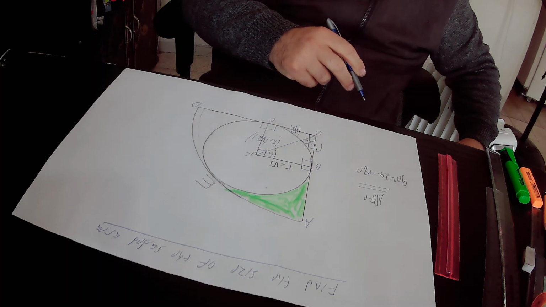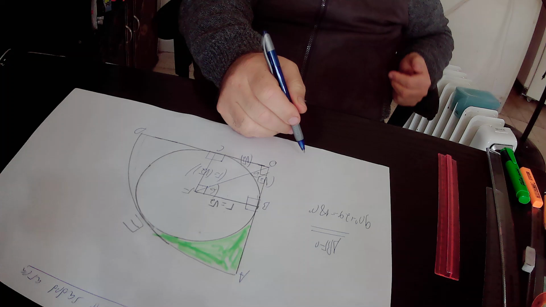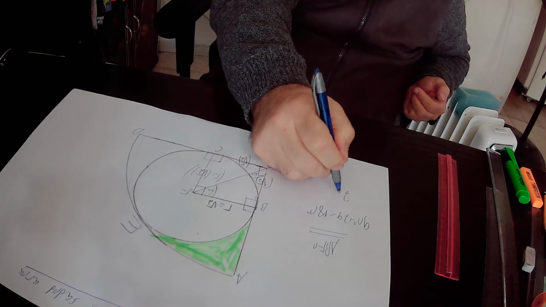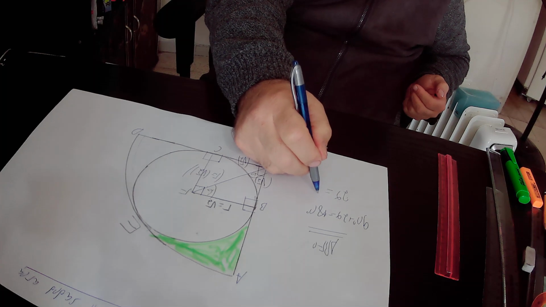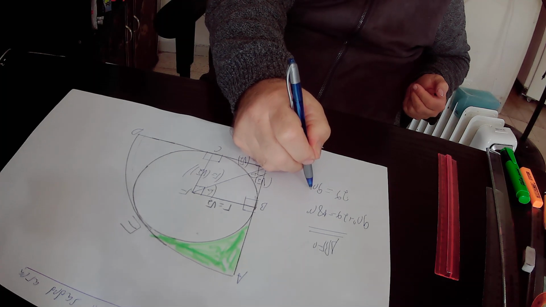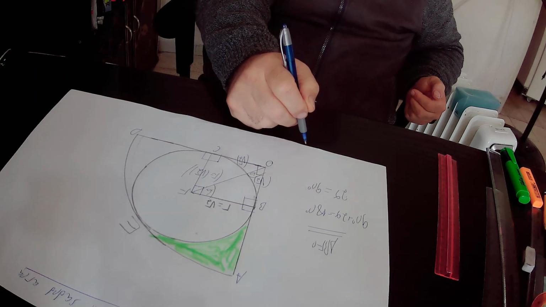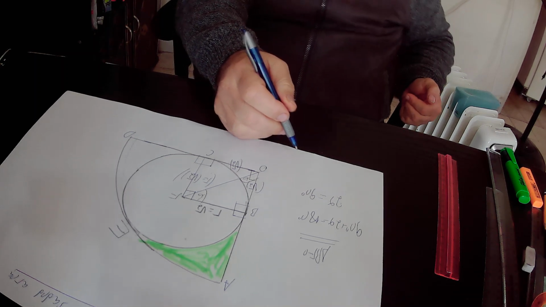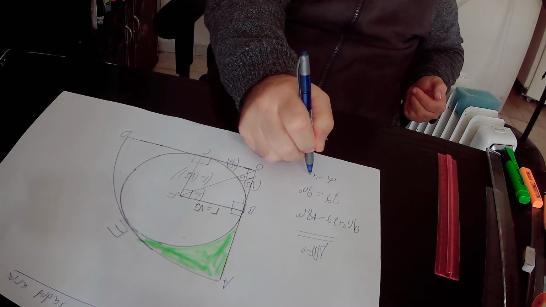Here we subtract 90 degrees from the equation and we get that 2 alpha equals 180 degrees minus 90 degrees, which is 90 degrees. Here we divide this equation by 2 and finally we get that the missing angle alpha equals 90 degrees over 2, that is 45 degrees.